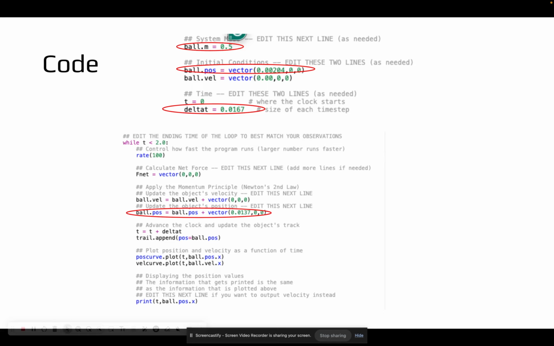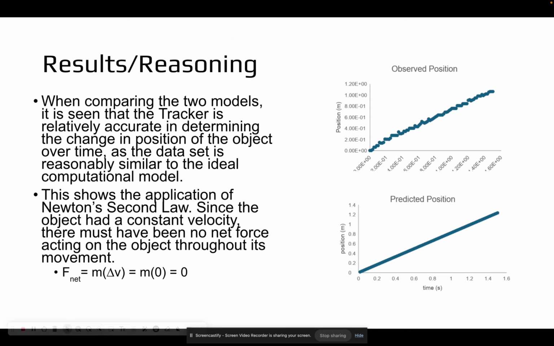Then I set my delta t equal to 0.016 according to some calculations based on the initial velocity calculated in the observed model. Additionally, we calculated the initial velocity and then added that to the vector of position for the ball. And this will output our predicted model.